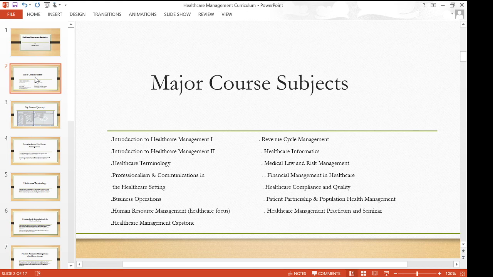The major course subjects, or you may call them electives, are required; without them you cannot graduate from any college or university with a bachelor's degree in healthcare management. There are about 14, and the last one is a capstone project.